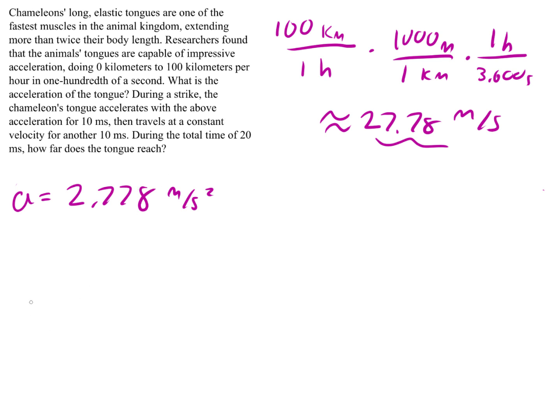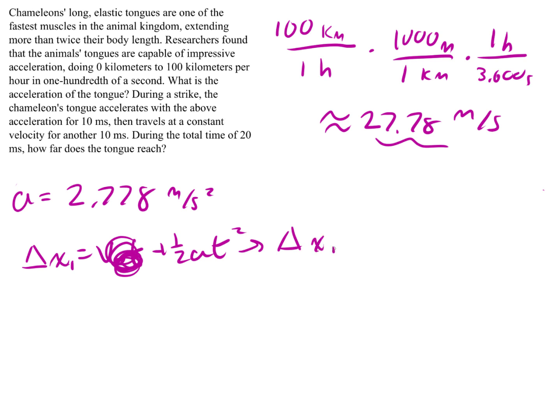For the first part, we can use the kinematic equation that the displacement is equal to the initial velocity times time plus 1/2 times acceleration times the time interval squared. The initial velocity term can be removed, since in the first part it starts from rest. So the change in x is simply 1/2 times acceleration times the time interval squared.